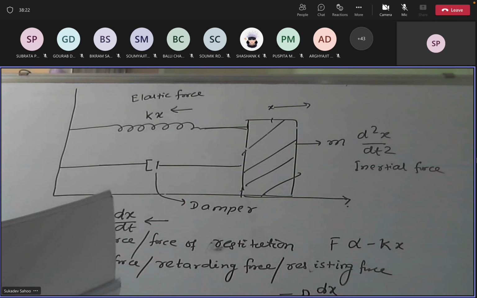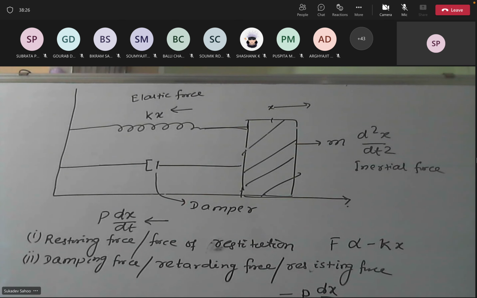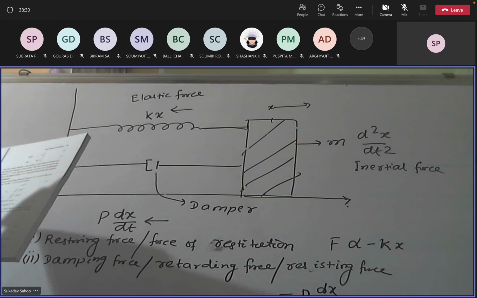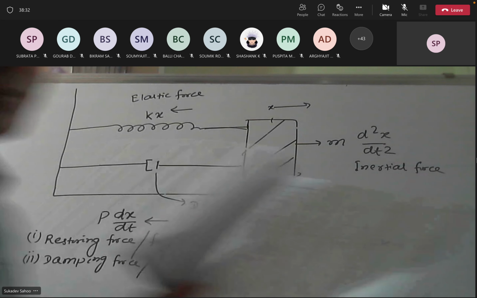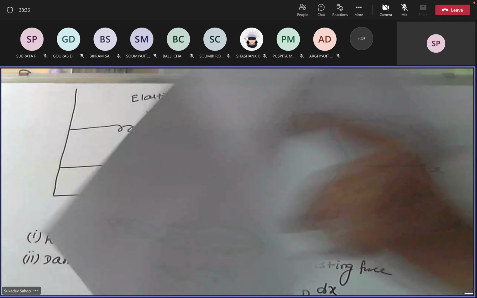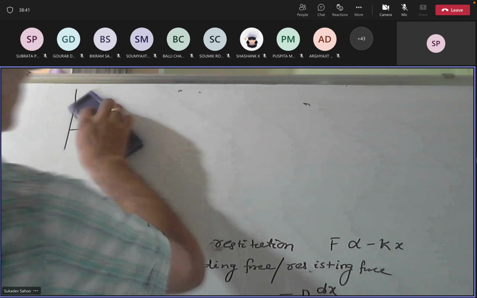Now, according to Newton's second law of motion, the equation of motion of the oscillating particle can be written by balancing these two forces with the inertial force.